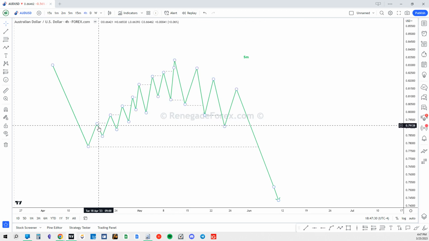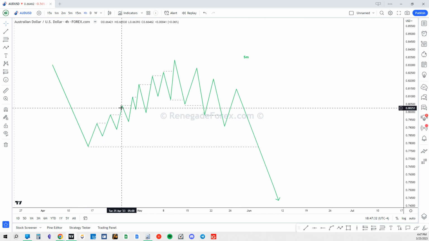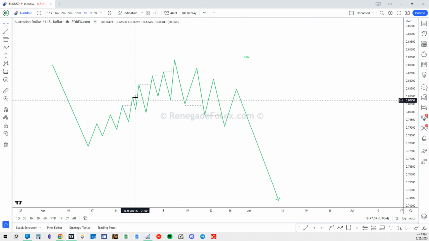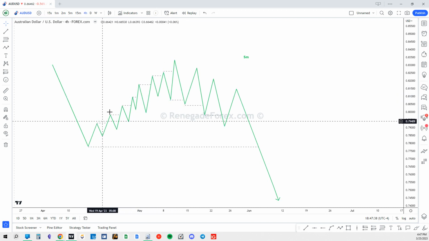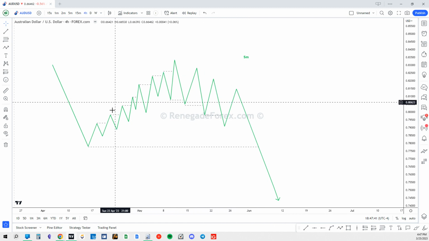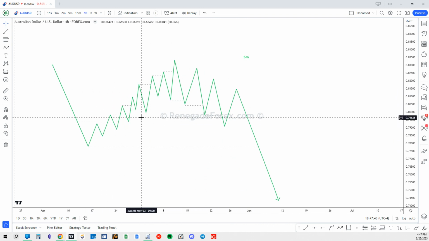And there. So we do have smaller breaks of structure here, and price is breaking structure to facilitate a swing pullback. So this entire range right here is swing structure.